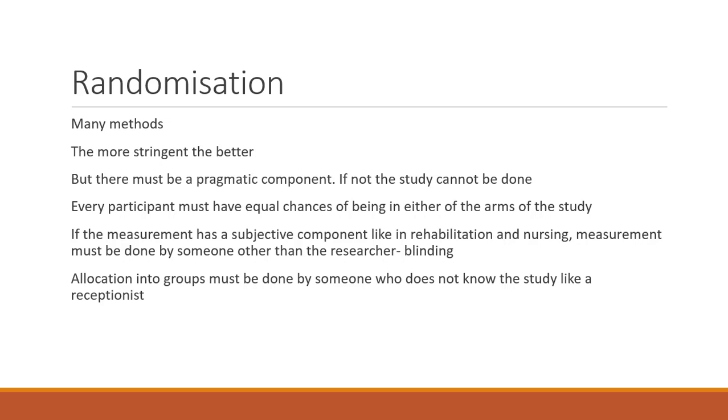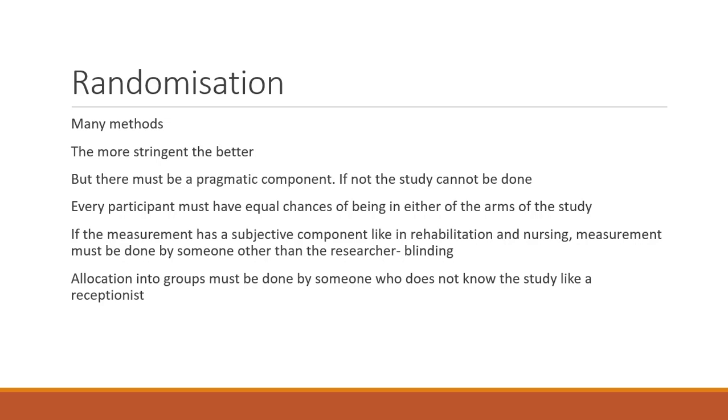So the stronger the level of randomization, it might make it difficult to get patients. So you need to decide on the randomization process. But the bottom line is every participant must have equal chances of being in either of the arms of the study, or if there are more than two arms, in any of the arms of the study.